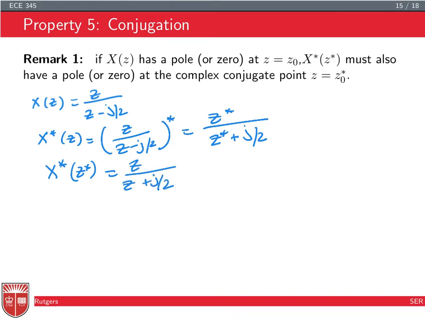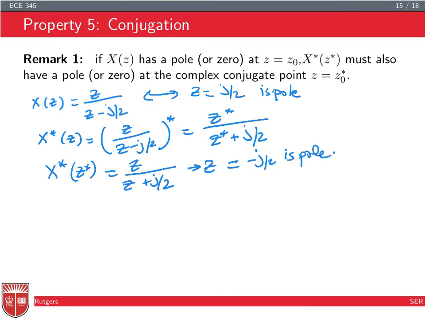So you can see that X star of z star is flipping the coefficients and the constant and keeping z as z. And now you can see that in the original z-transform, z equal to j by 2 is a pole, whereas here z equal to minus j by 2 is a pole.